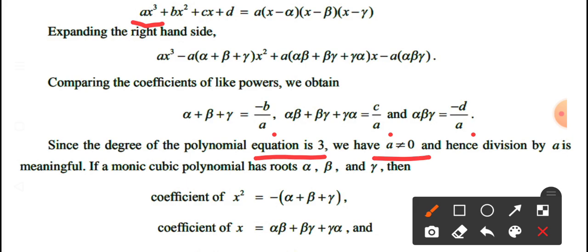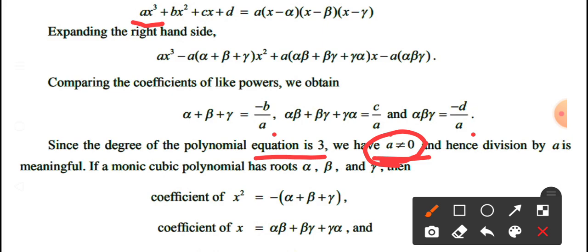Suppose A is equal to 0, this equation becomes a quadratic equation. But this is a cubic equation. So, A is not equal to 0, and hence division by A is meaningful.